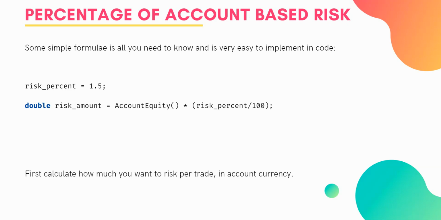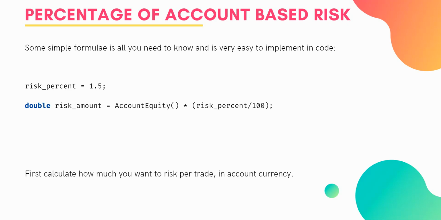So we create another double variable called risk amount, and we set that to be equal to our account equity, which will get us our balance from the MT4 terminal, and then we times that by our risk percent, which is 1.5, and we divide that by 100 so that we convert our percentage into a decimal.